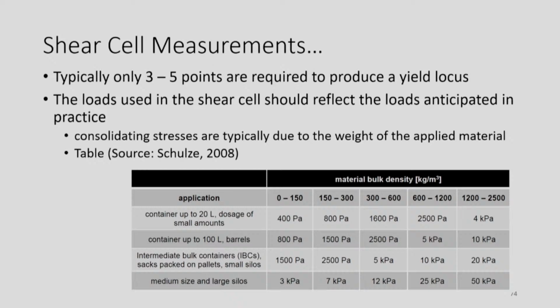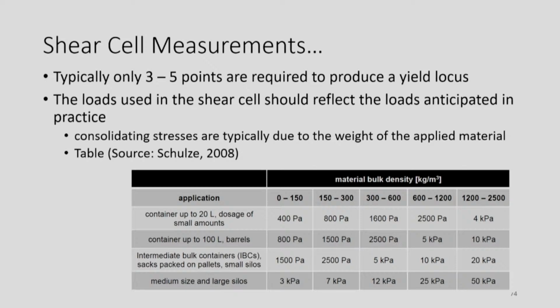So based on the bulk density of materials, you can use different pressures, and also based on the different sizes of silos. So if you are using a large silo and the material bulk density is very high, then he suggests to start with 50 kilopascal measurements.